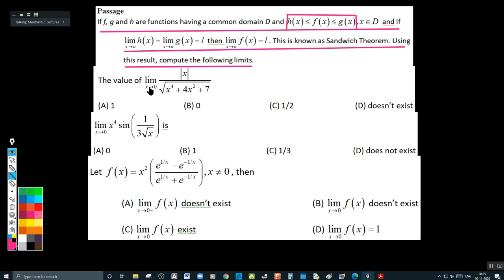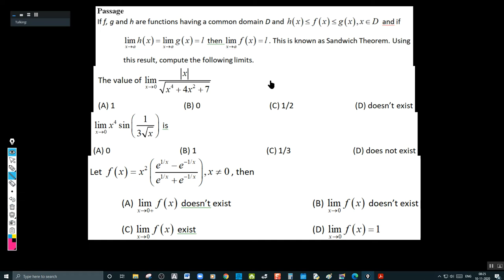Now, here it is to be understood that this function we have to keep within a lower limit and upper limit to apply the sandwich theorem here. So let me write it in this way.